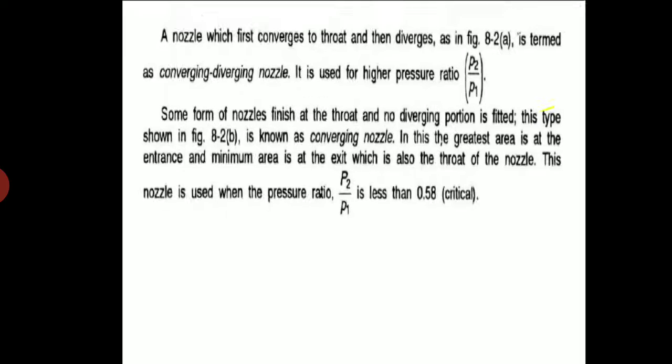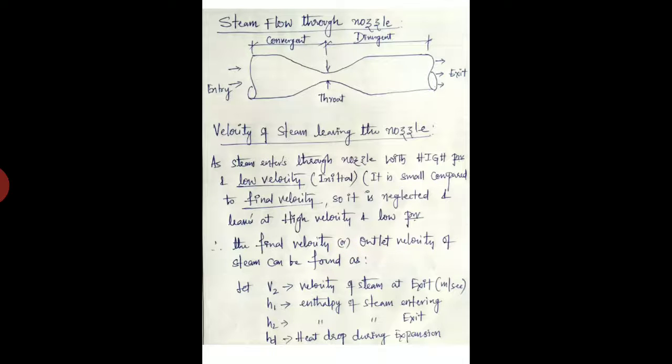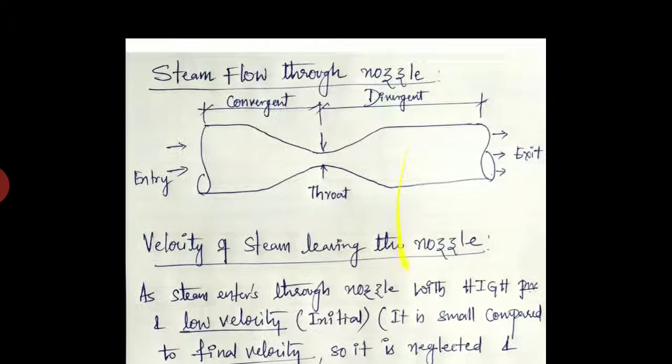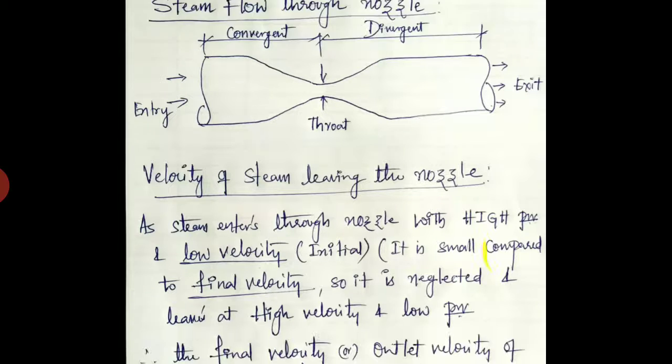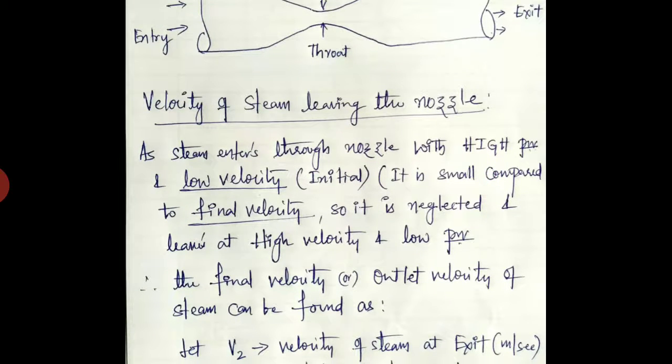After knowing the brief idea about the passages of the nozzle, we shall move on to how exactly the velocity at the exit of the nozzle can be calculated. If you see the figure, there is a convergent nozzle and a divergent nozzle, there is a throat, and there are the entry and exit. So let us find the relation for the velocity of steam leaving the nozzle, that is V2.